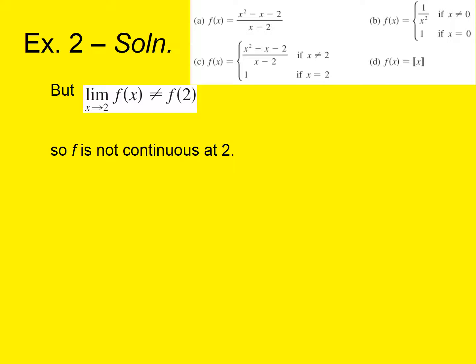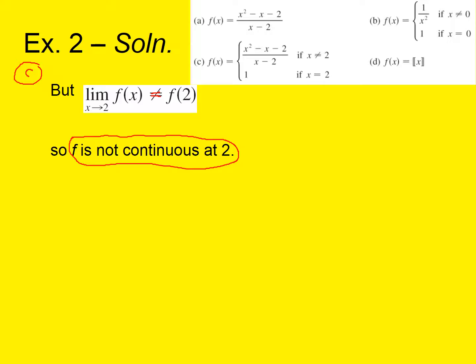We needed this to be a good equation to have continuity at 2 for part C, but we don't have that. So the answer to C is f is not continuous, or it is discontinuous at 2.